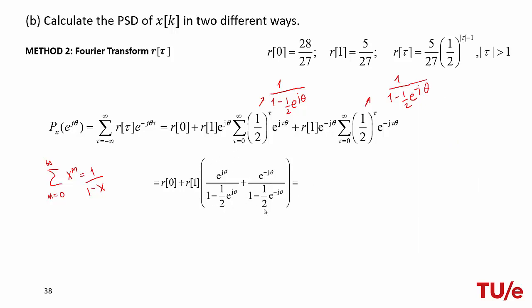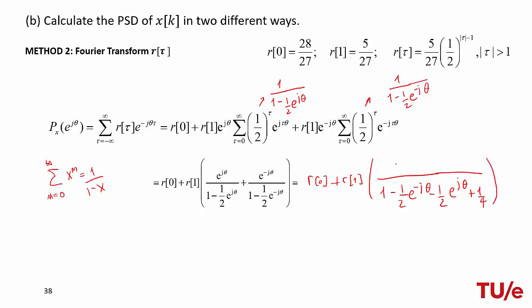And then it's a matter of rearranging these terms, so I can rewrite this by taking the common denominator. From this I obtain, in the denominator, 1 minus 1 over 2 e to the power of minus j theta, minus 1 over 2 e to the power of j theta, plus 1 over 4.